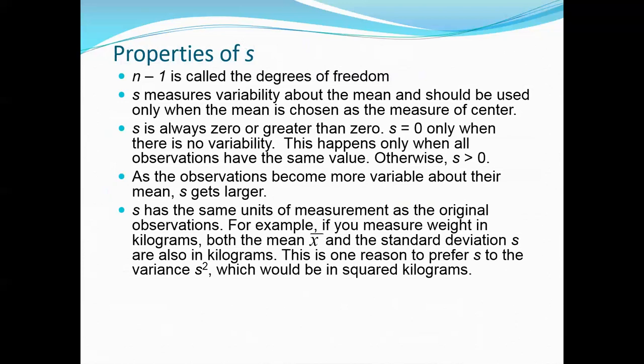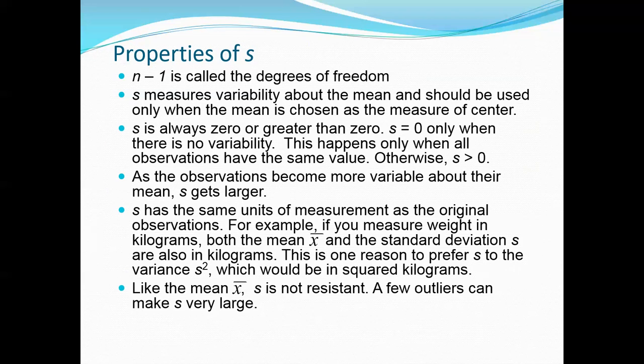S has the same units of measurement as the original observations. For example, if you measure weight in kilograms, both the mean X bar and the standard deviation S are also in kilograms. This is one reason to prefer S to the variance S squared, which would be in kilograms squared.